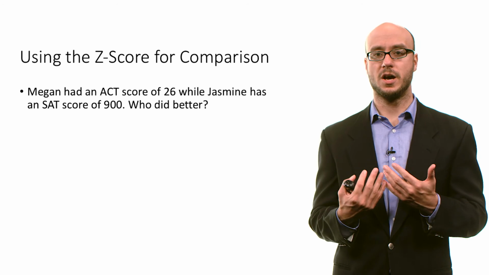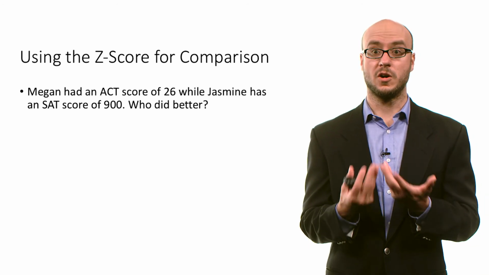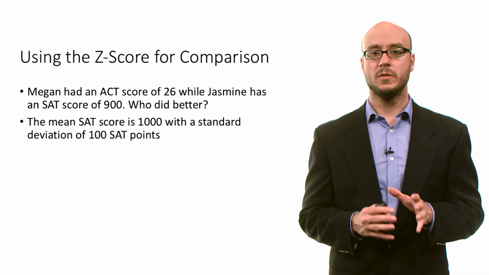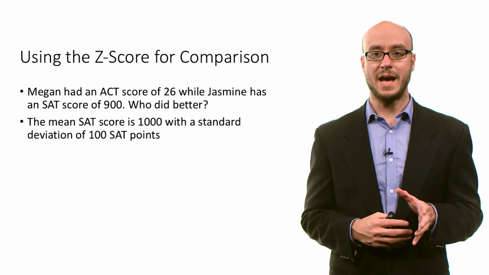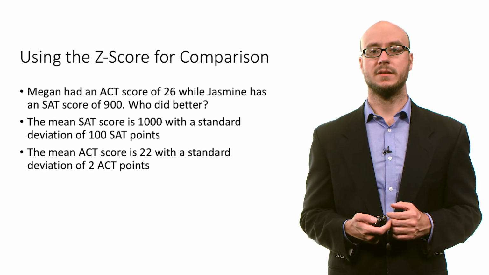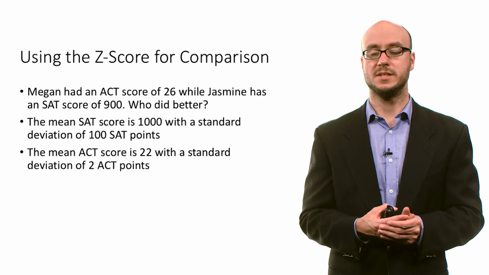So it's difficult to know whether Megan did better or Jasmine did better on these two sets of exam scores. Well, we know that the mean SAT score is 1,000 with a standard deviation of 100 points, and the mean ACT score is 22 with a standard deviation of 2 ACT points.